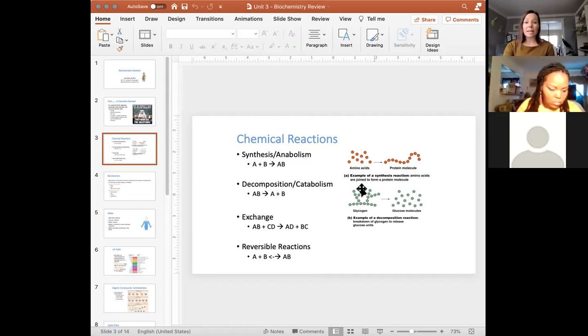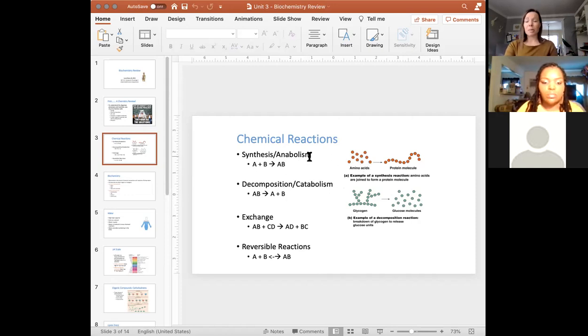You have a big glycogen molecule and you break it apart into all its individual components. That's decomposition. And the opposite of that is synthesis. So if you take a bunch of individual amino acids and you create bonds in between each one and you link them all together to create one bigger molecule, that's called synthesis.